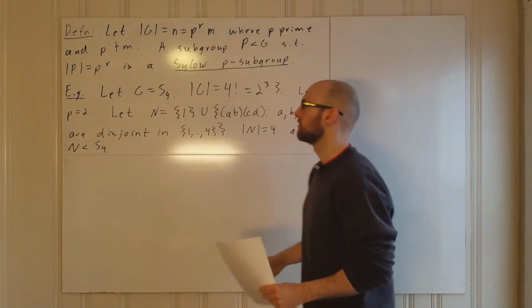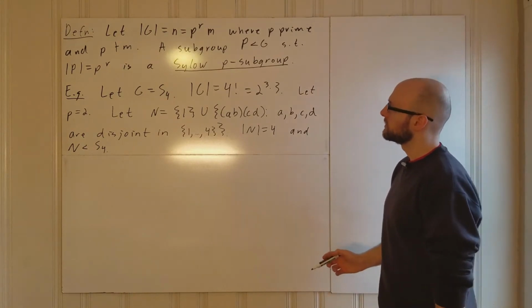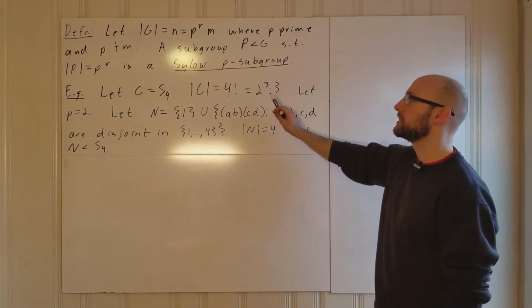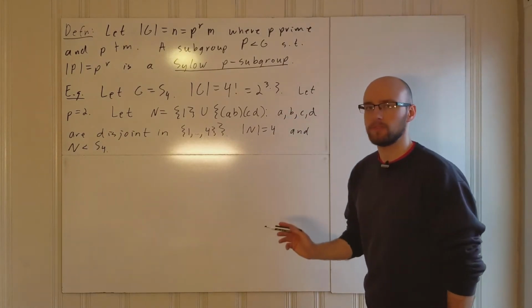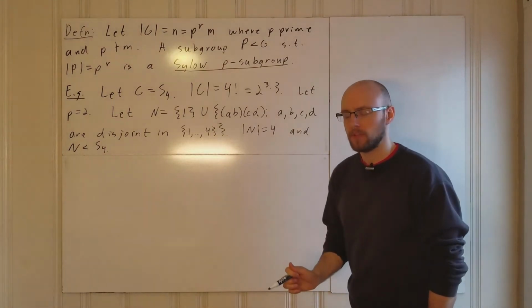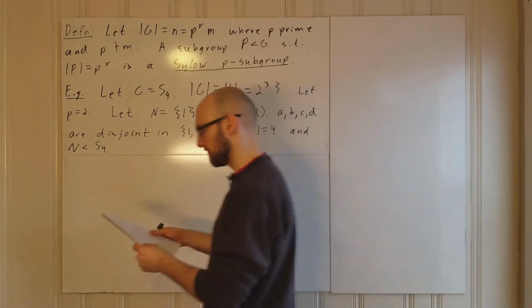Okay, so let's see here. Since the order of N is 4, that's 2 squared, which is not 2 cubed, and therefore N is not a Sylow 2 subgroup of S4.